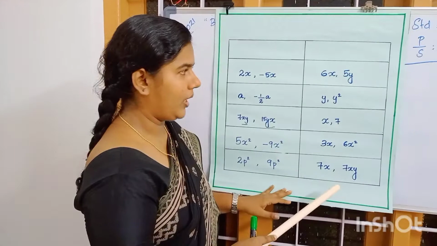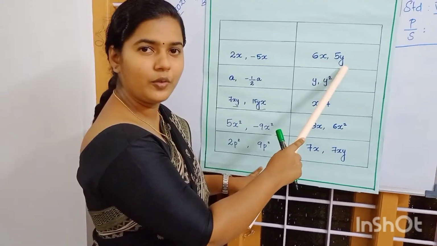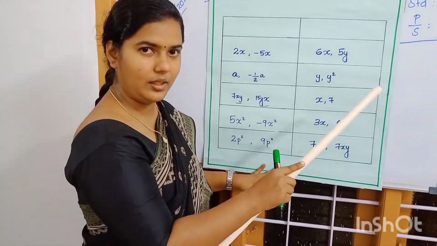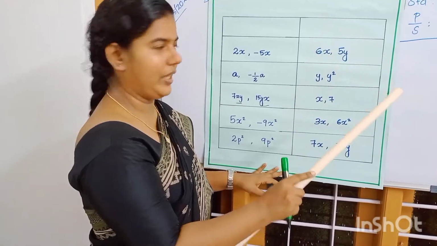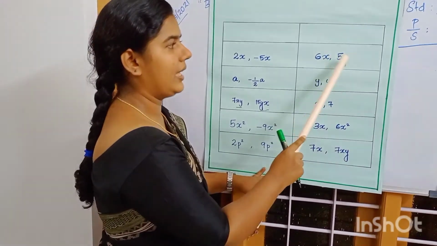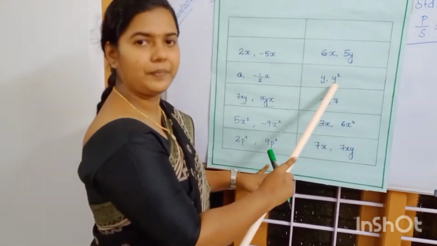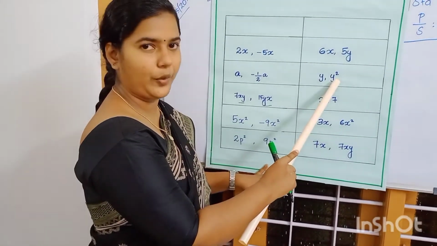Coming to the second column, what is the relation between these two? Yes, the relation is that both of them are expressions, especially monomials, but yes, different variables, right? Here x and here y. Also the coefficients are different. Here, yes, this is also different. It's y and it's y square.